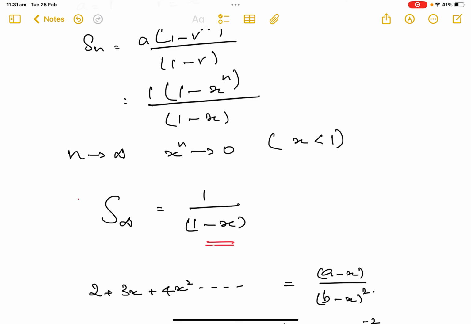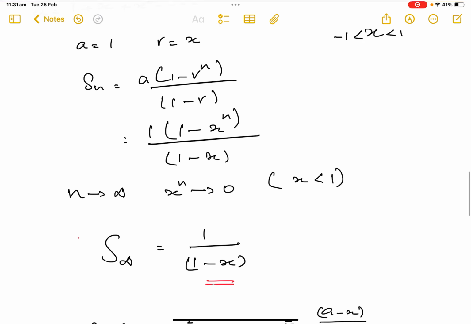When n is infinity, x to the power of n would be 0, because x is less than 1.